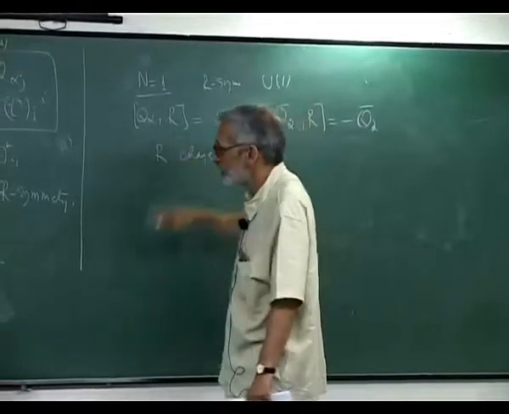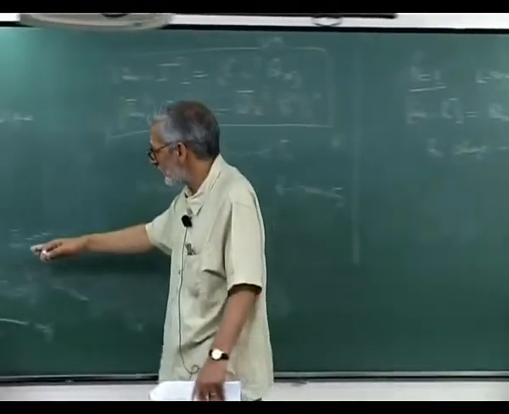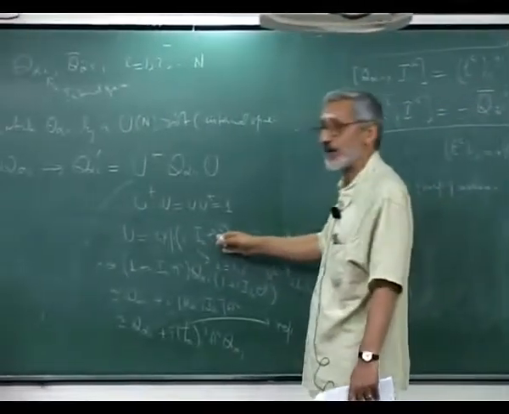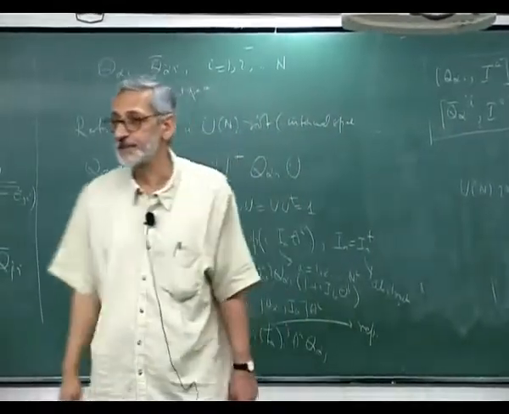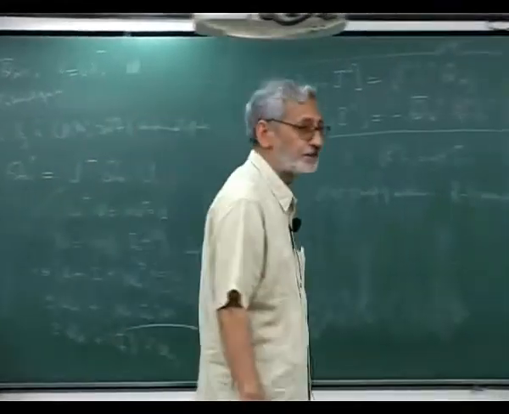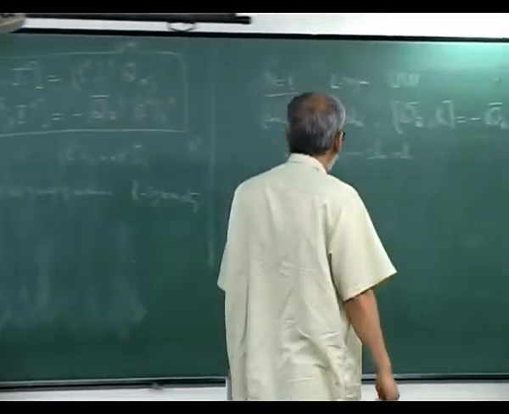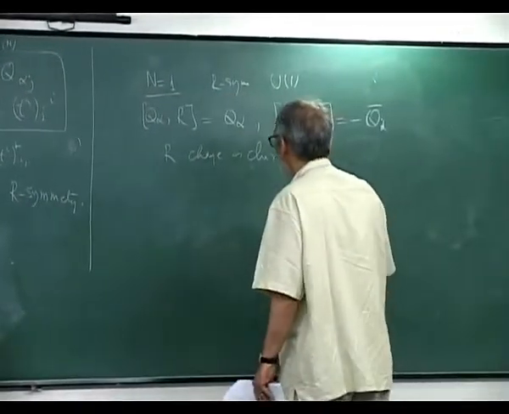So this object U is exponential of i R theta. So R charge is chiral.